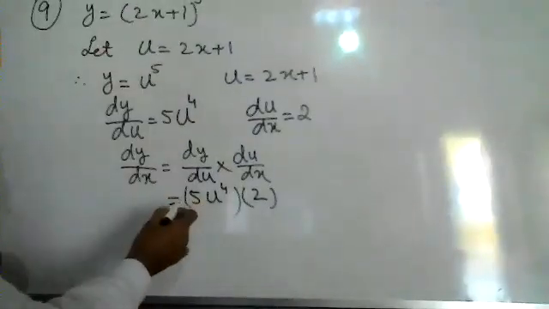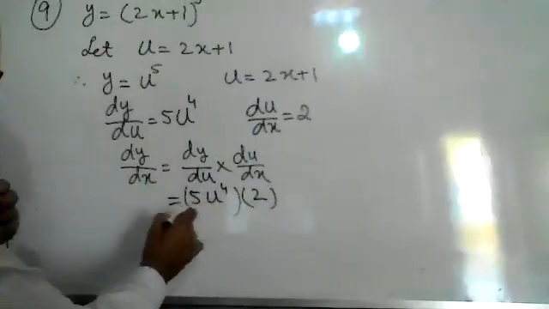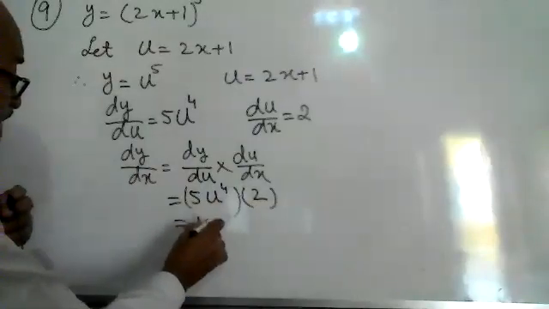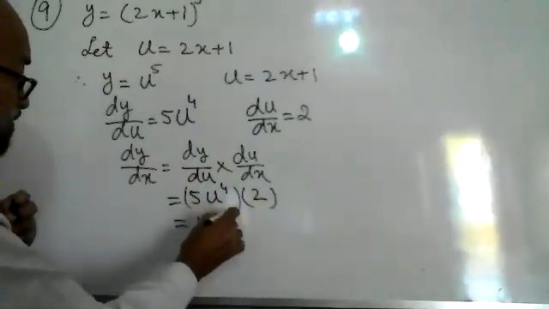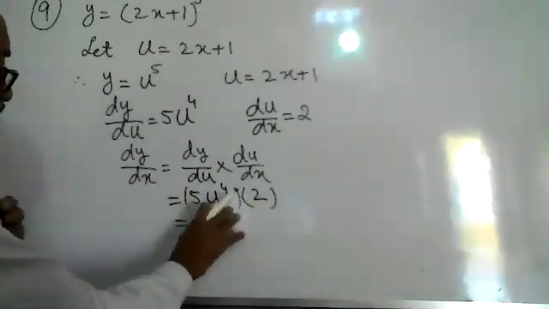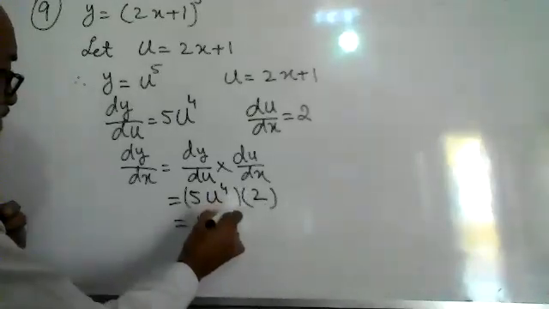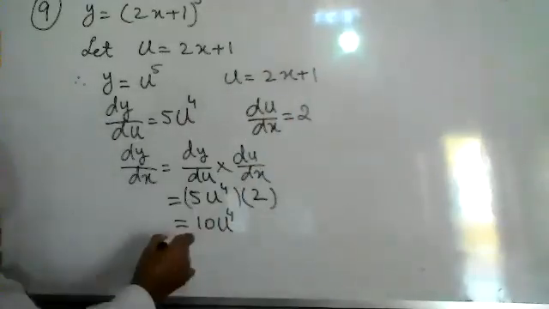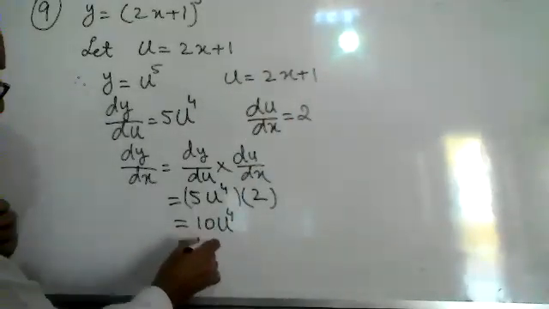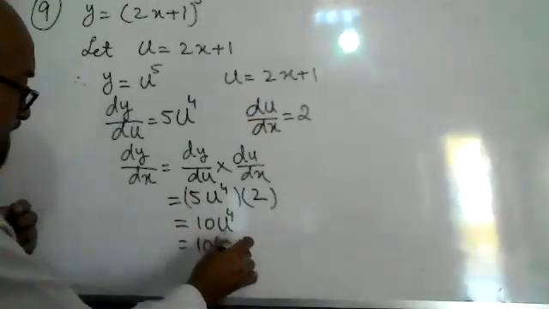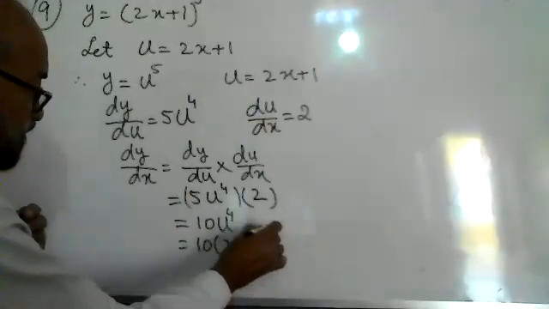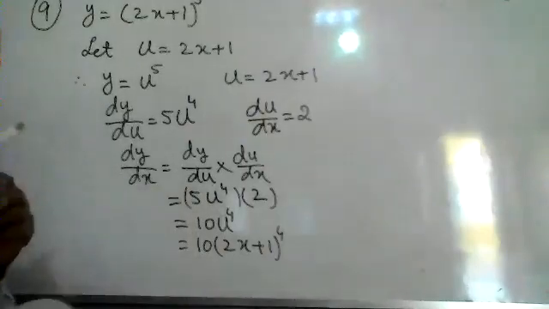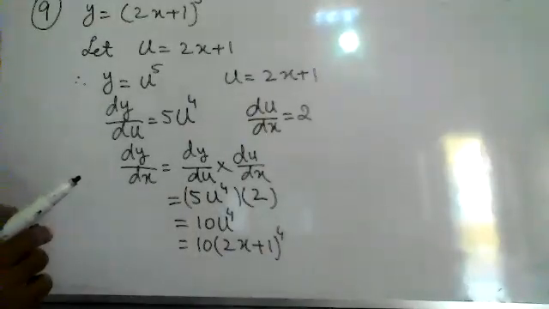So the answer will become 5u raised to power 4 into 2, which is 10u raised to power 4. u is replaced by 2x plus 1. It will become 10 (2x plus 1) raised to power 4. The same answer as we have already found.